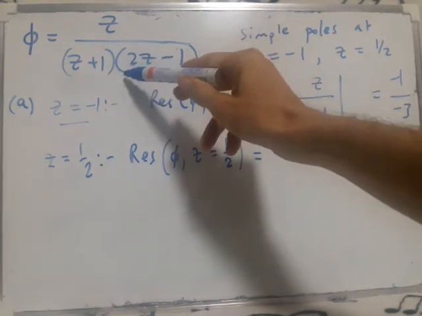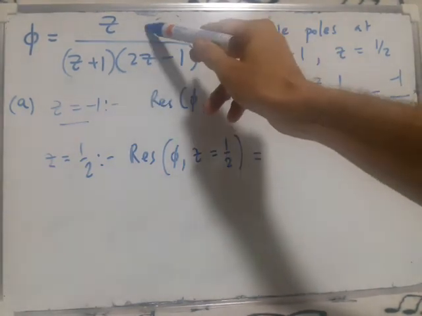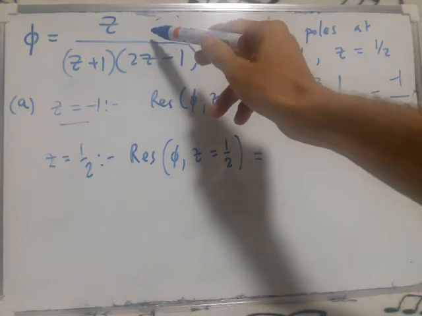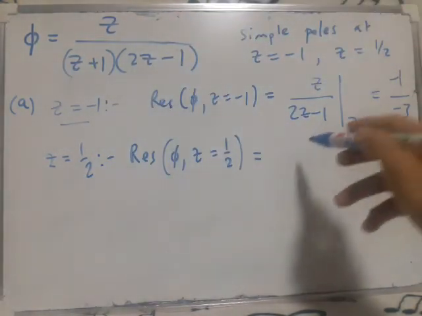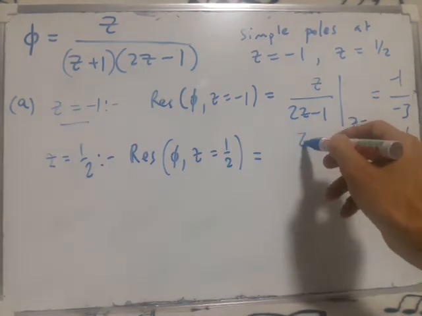I can't just make this thing disappear this time. I'm multiplying the top by z minus a half, which means that I've still got a factor of 2. So that's the thing which you have to be careful about with this direct method.